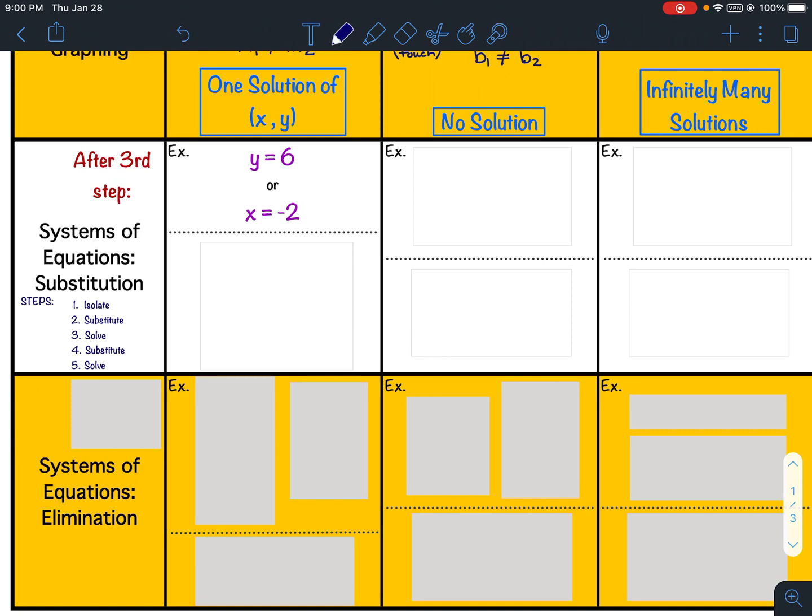And if you get a variable equals a number, that's when you continue on to step 4, where you take that and substitute it back into the first equation and solve for the other variable. So your final answer in a one solution problem would be x equals a number and y equals a number, or the ordered pair (x, y).